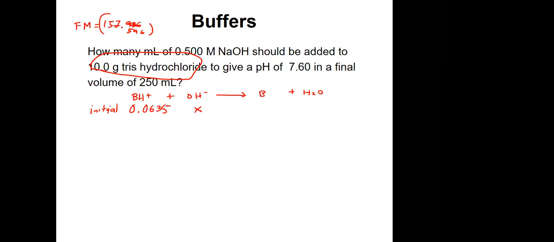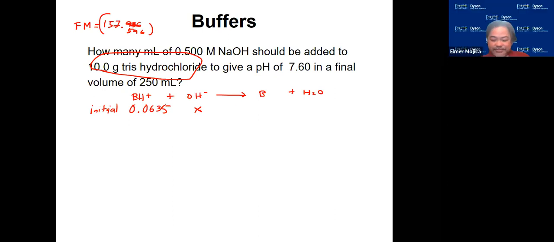Okay. Now in the final, what will happen? You don't know the x, so that will be minus x for the acid, and for the base, that will be plus x. So this is forming a buffer using tris hydrochloride with the hydroxide. What the hydroxide does is force the formation of the tris.